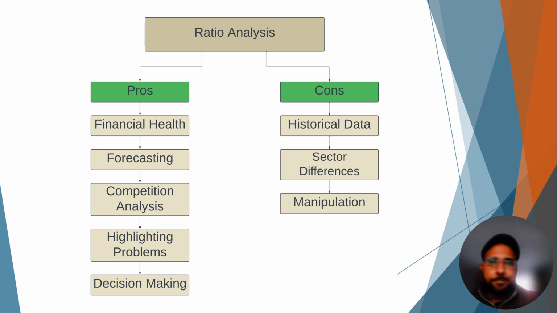Companies can engage in practices that can make their ratios that bit more favorable. So really obscuring their true financial health. So management can choose specific ratios to highlight strength whilst downplaying a lot of the weaknesses. And it can lead to some form of biased interpretations.